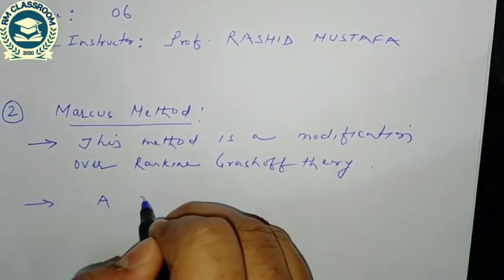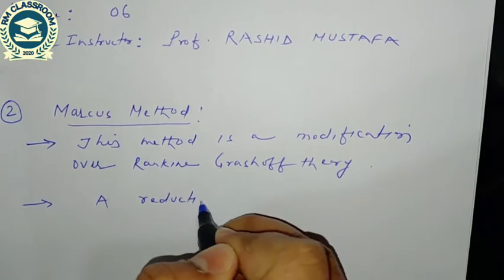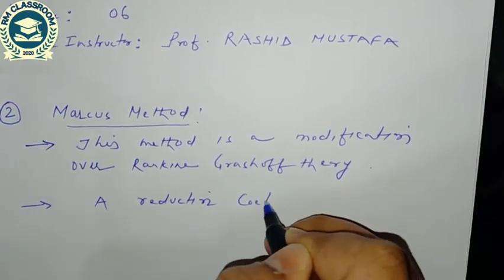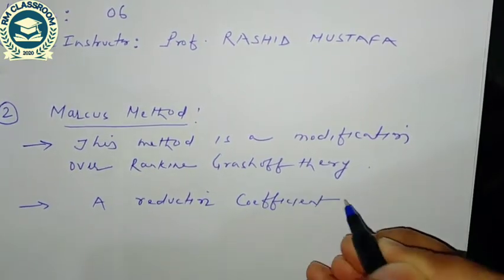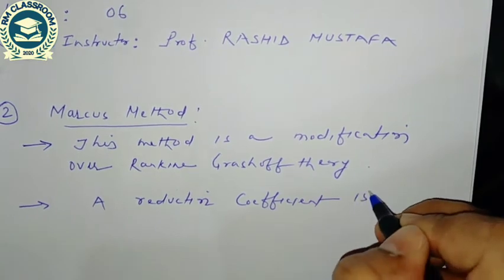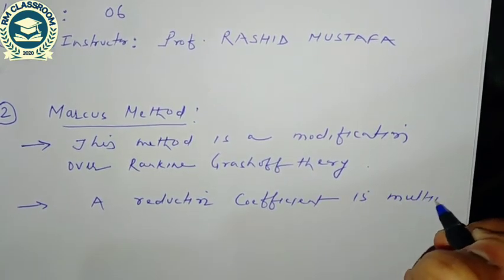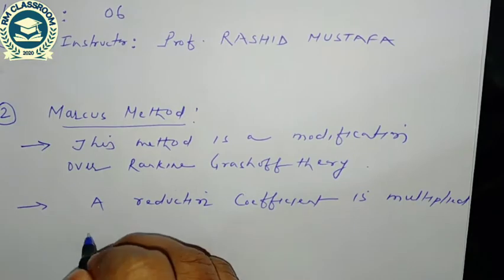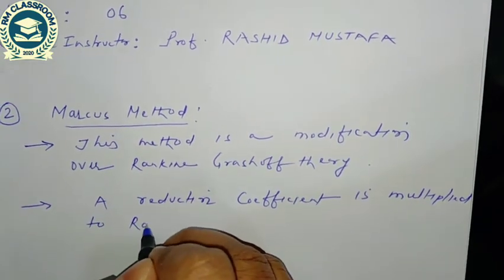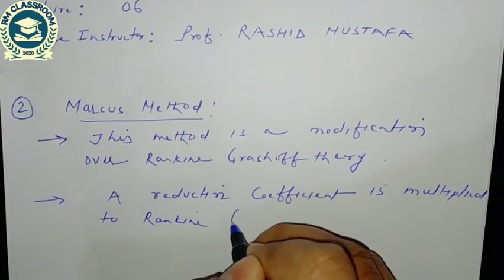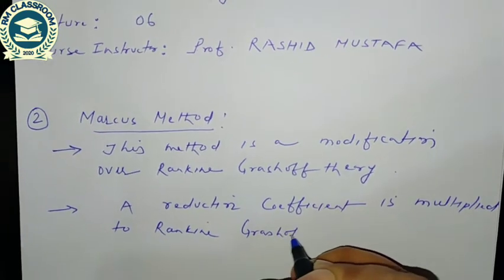A reduction coefficient is multiplied to the Rankine formula.